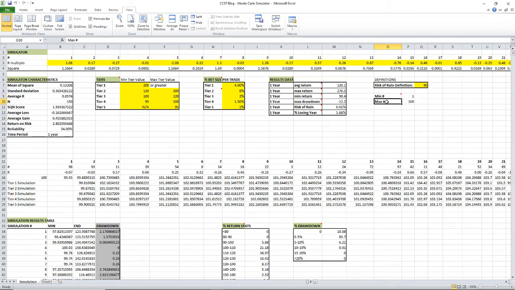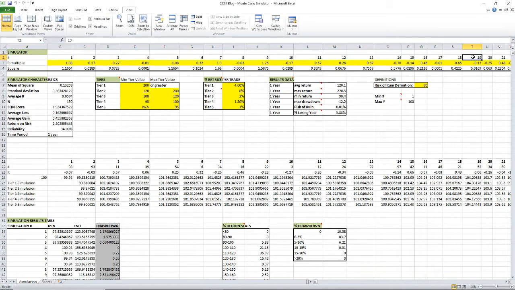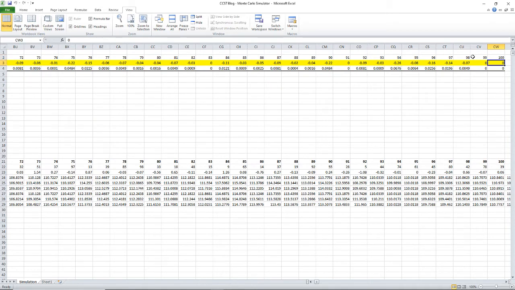Lastly, I've got a little min and max. This is automatically calculated, so no need to input anything here. In fact, the only things that you need to input something into are the yellow highlights. Essentially, this is just giving me the range of this row here. So I know that I've got 100 trades here, which is just saying I've got 100 trading results that I've plugged into my simulator.